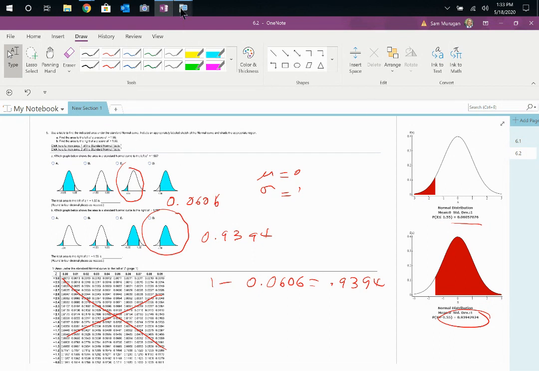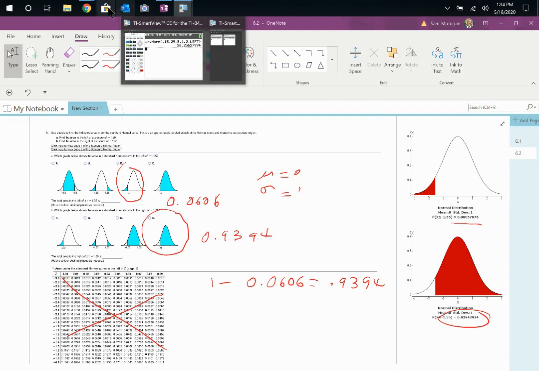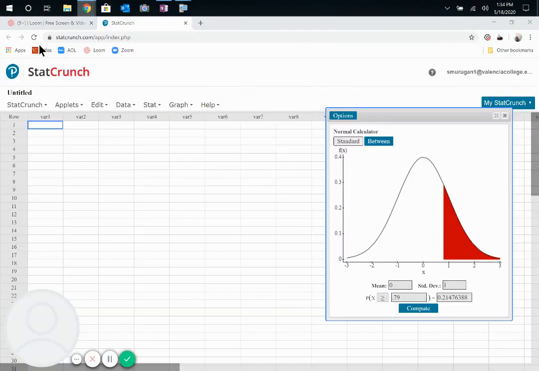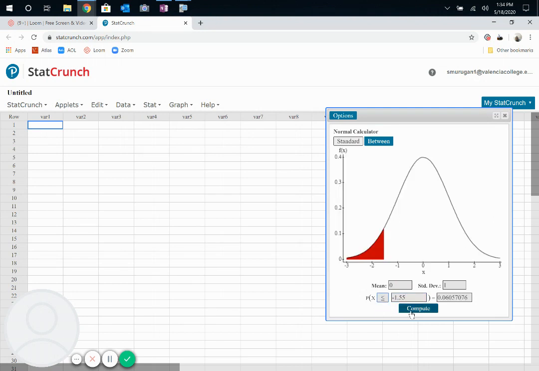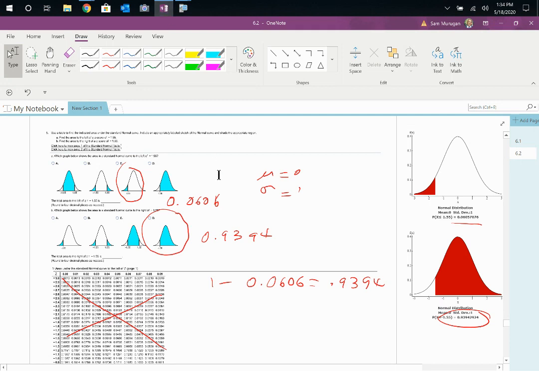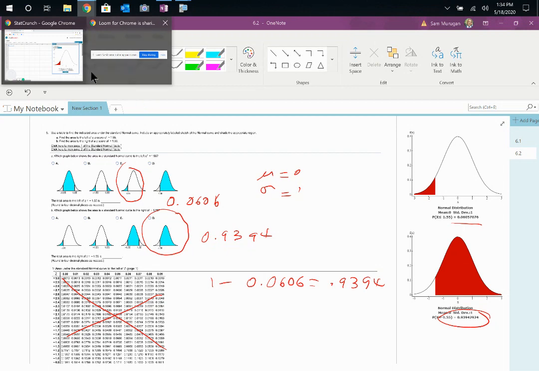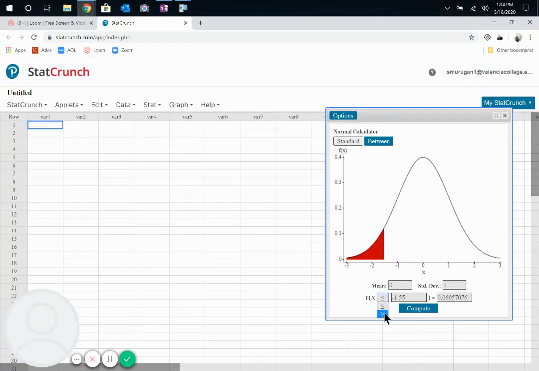I simply went to the calculator, I'm sorry, the StatCrunch program, typed in negative 1.55 less than, and I got my probability is 0.0606. And then if you flip the sign around to greater than, you get 0.9394.